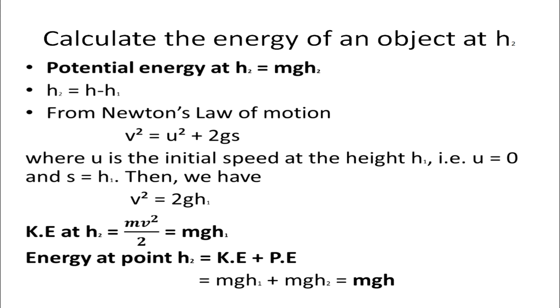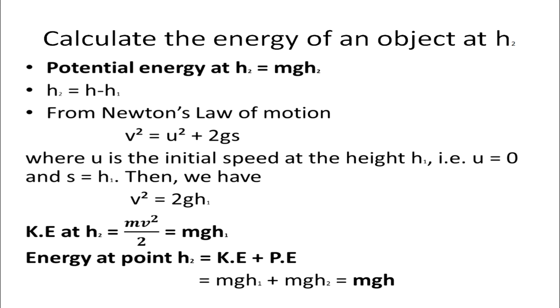Here u is the initial speed at the height h, and that is u equal to 0, and s is the distance it has moved, which is equal to h1. Putting these values in the above equation, we get v square is equal to 2gh1.